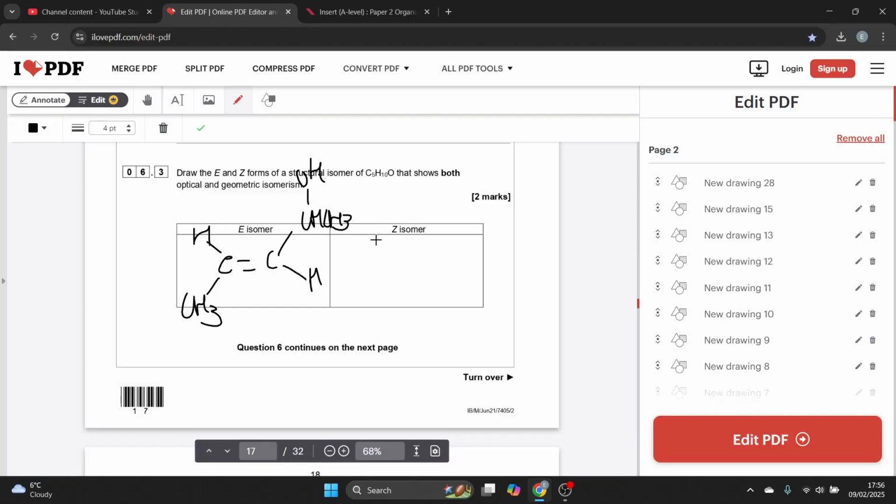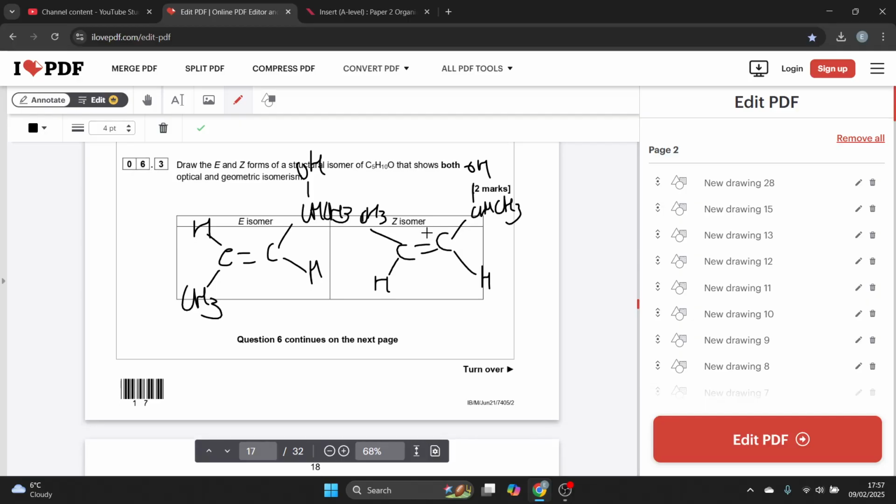In this case that's the E isomer, and in this case the Z isomer, with CH3 here, H here, H here, and then I'll put CH3OH. There you go.